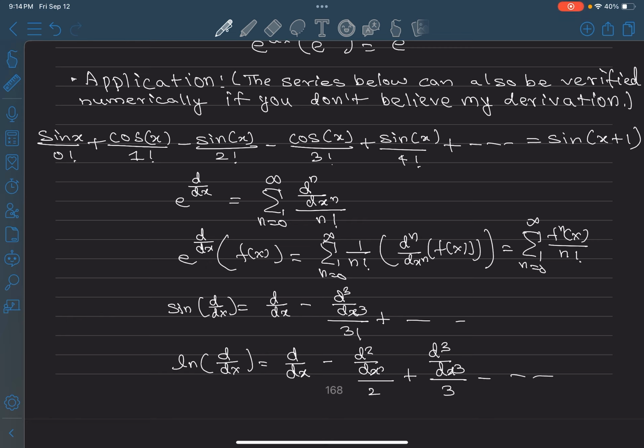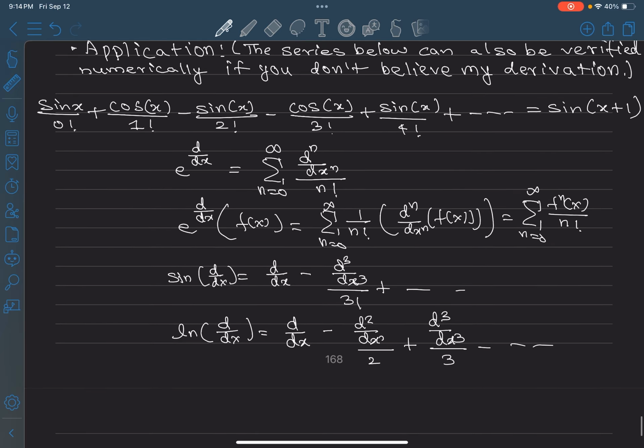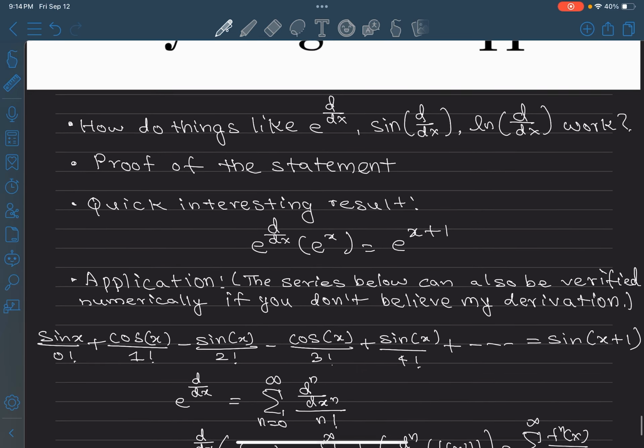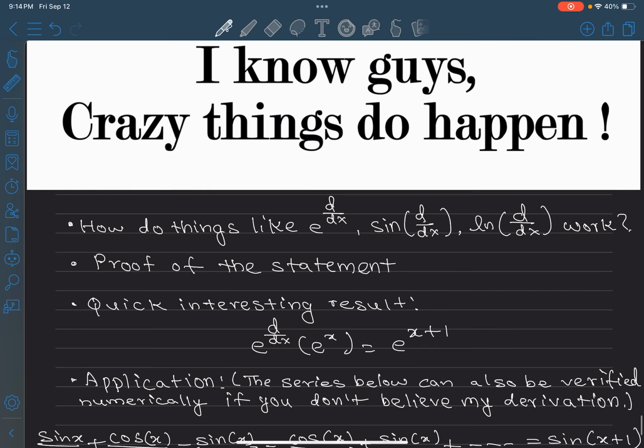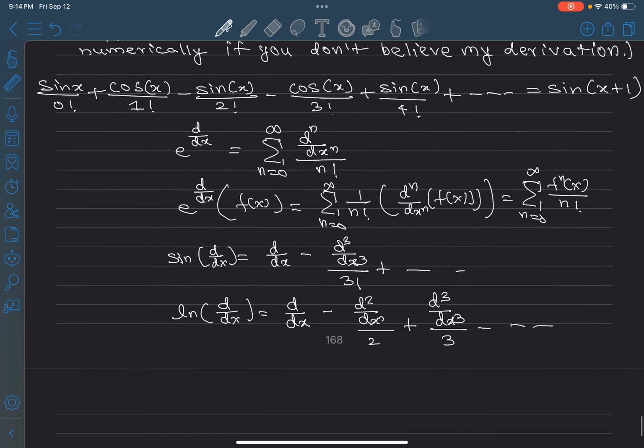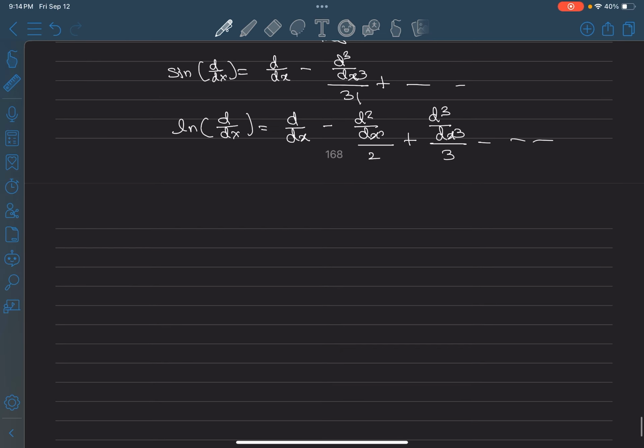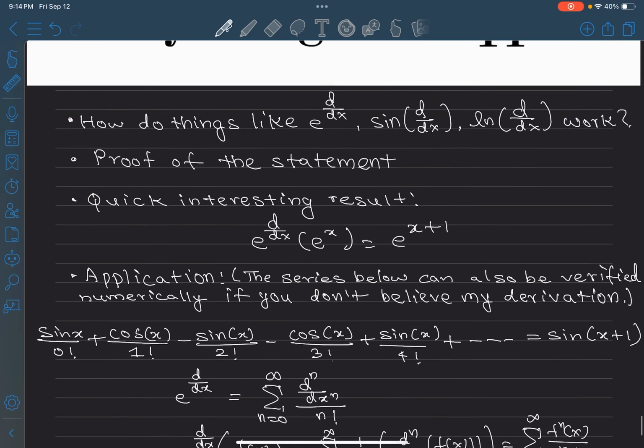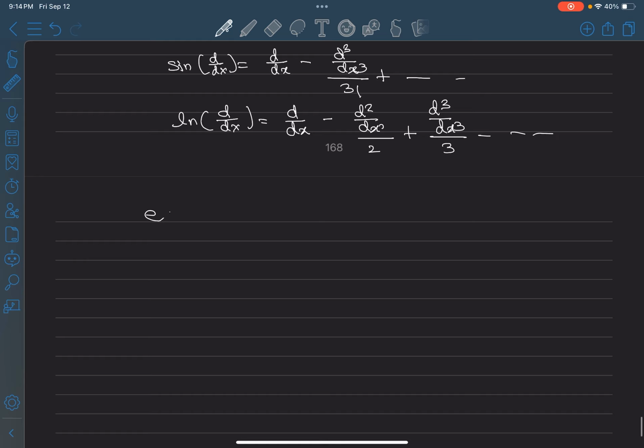Okay, so now that we know how these operators work, let's quickly prove this statement, and then we will be able to use it in different interesting results. To prove this, we want to prove that e to the power d of dx operator, acting on f of x, equals f of x plus 1.